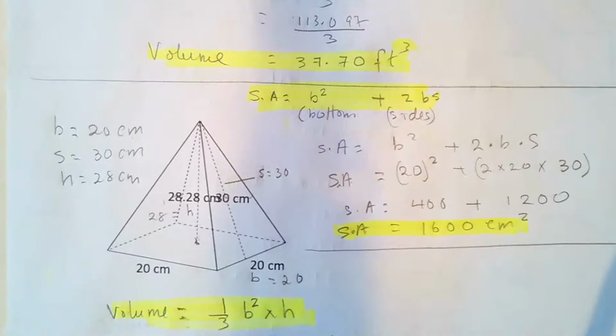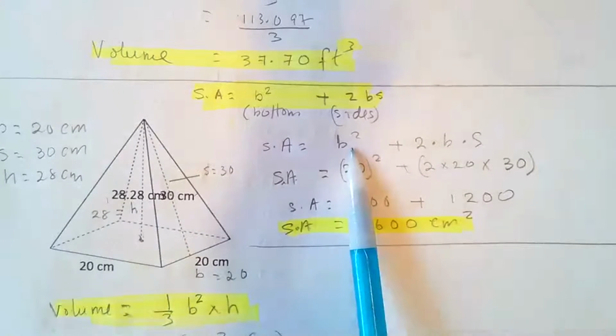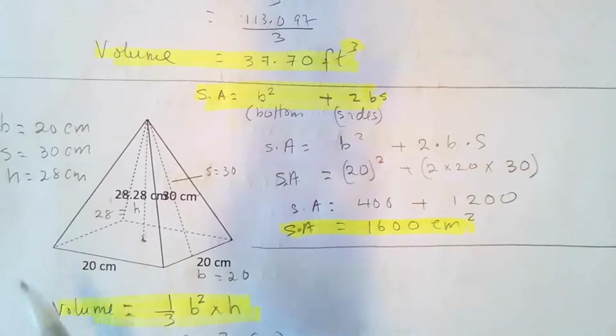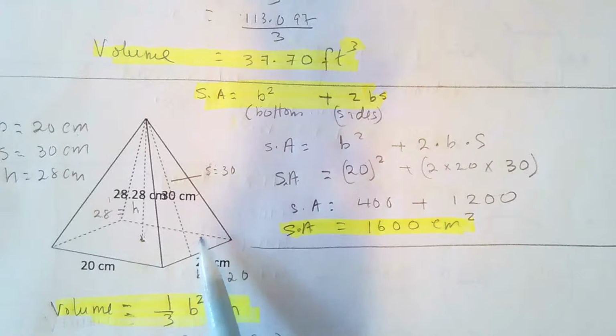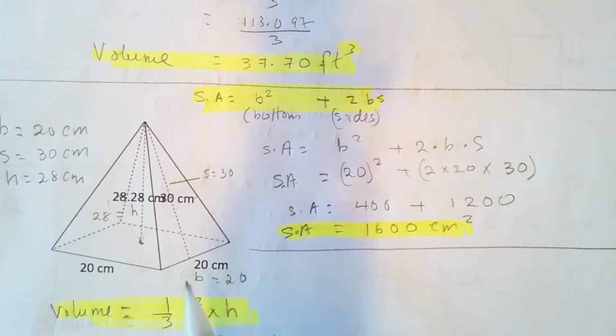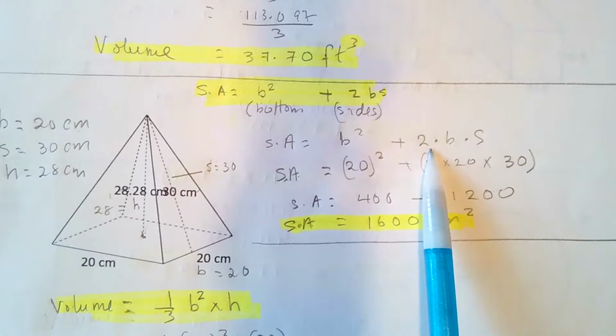In a subsequent assignment, you'll be given rectangular pyramids. And in that case, it wouldn't be base squared, it would be the length times the width. Everything else will be the same. If they give you a different length and width, this entire formula changes. So right now, we're looking at a square pyramid. This formula only works for square pyramids.